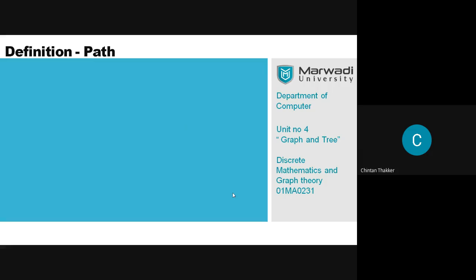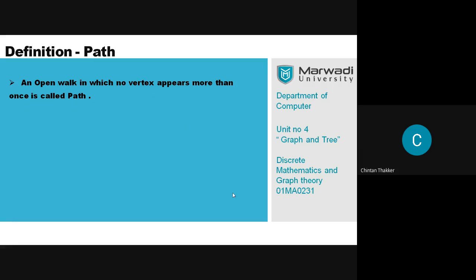Now next we have the definition of path. In an open walk, if we are not repeating any vertex, then that open walk is called a path.